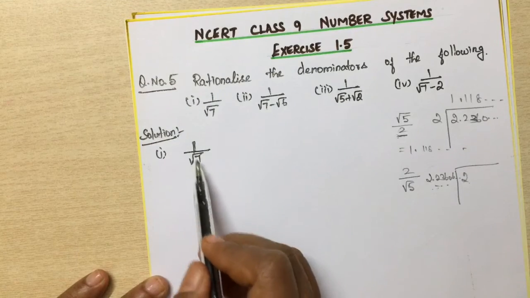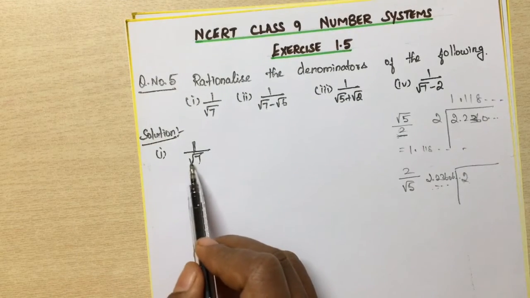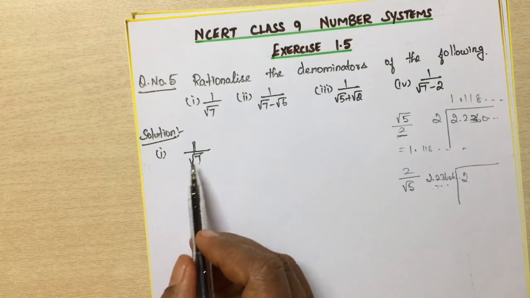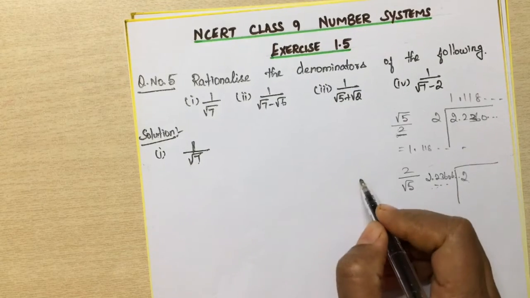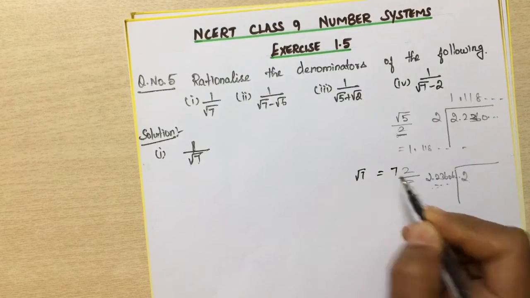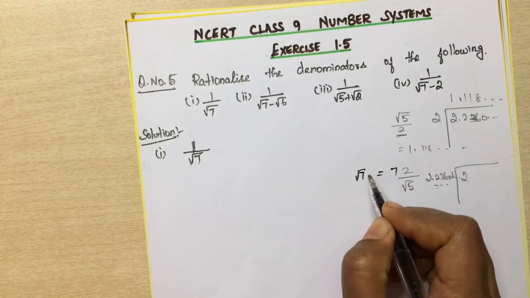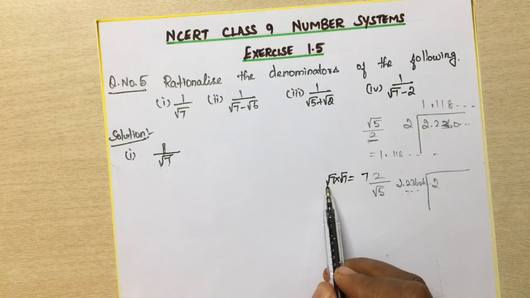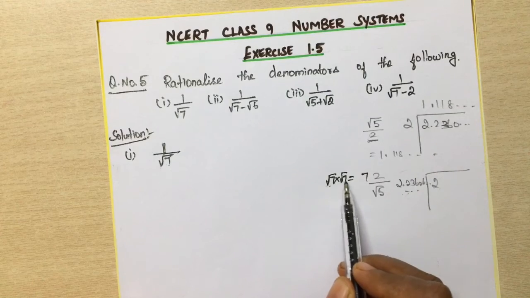Given subdivision is 1 by root 7. As you can see, this is a monomial. There is root 7, so first of all, we have to change root 7 to 7, which means we are going to multiply by root 7. To make it 7, we can multiply root 7 into root 7.